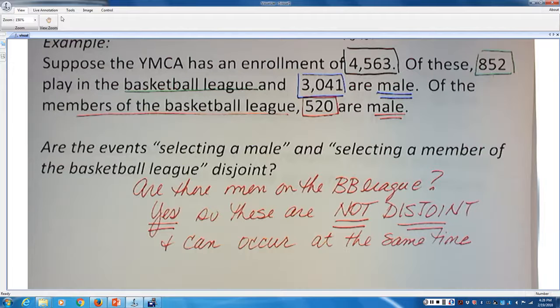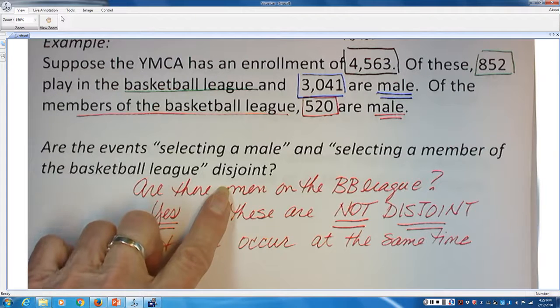So that's not separate groups. There are men that are on the basketball league, there are men that are not. But you can select a man that is both. He's male and he's on the basketball league. Disjoint means that he either can be on the basketball league or he's not a man. Okay, that would basically say that there was only women in the basketball league.